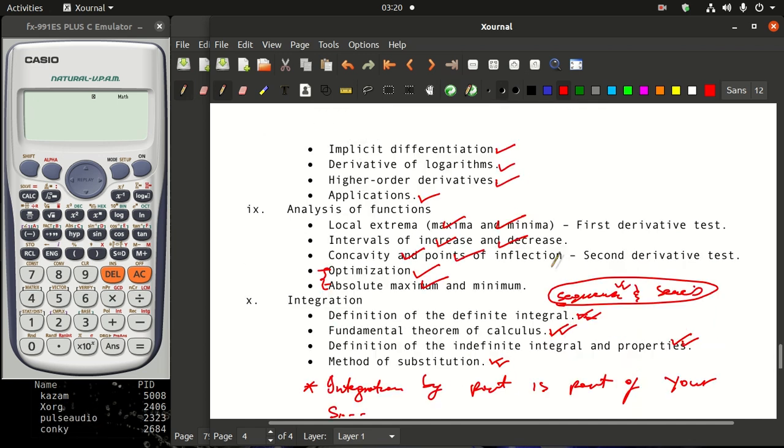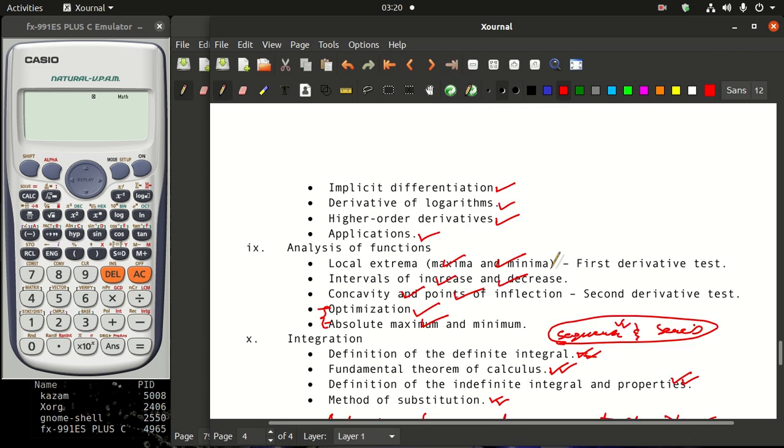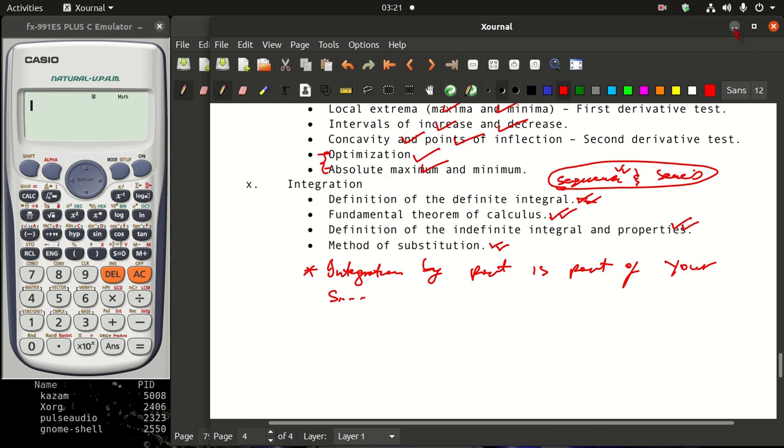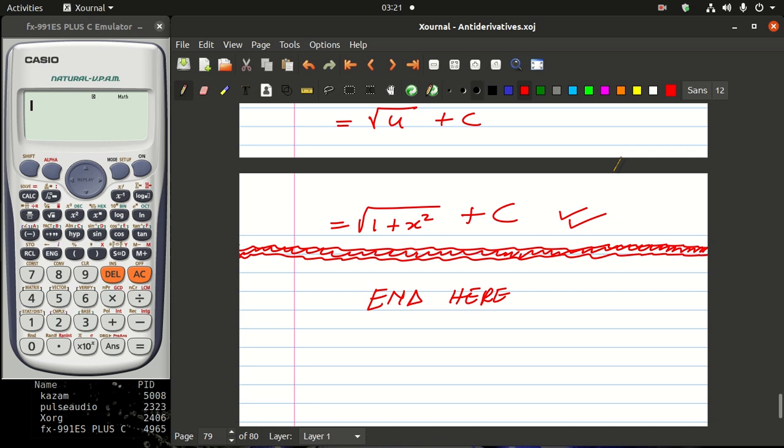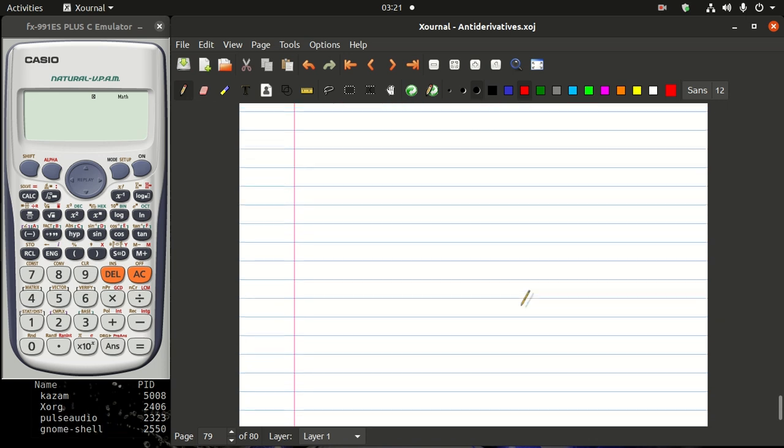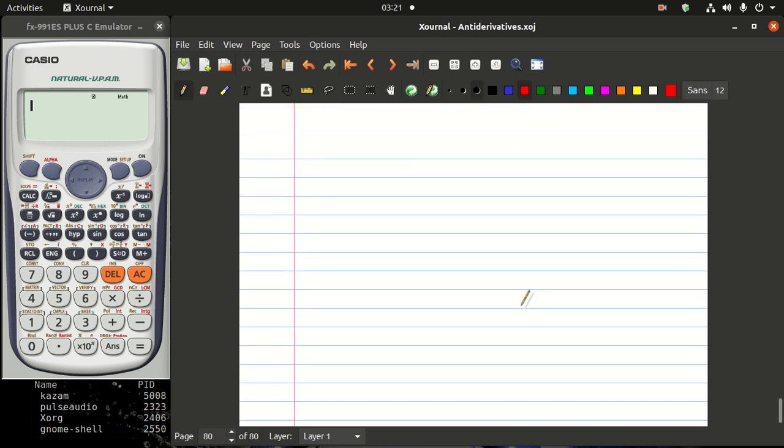But I believe at this stage that we are almost done, except for one thing that I haven't mentioned, and then we can call it a day. I think it's one or two things. So I want us to talk about symmetry, and then I will leave you alone with your exams.